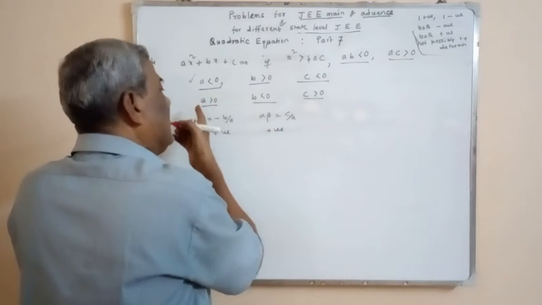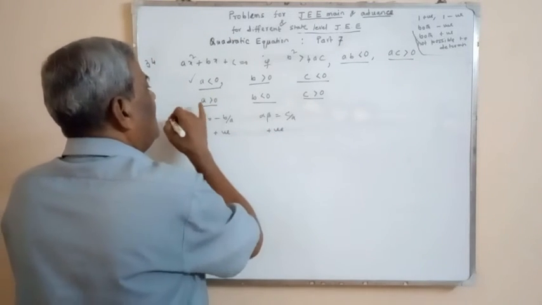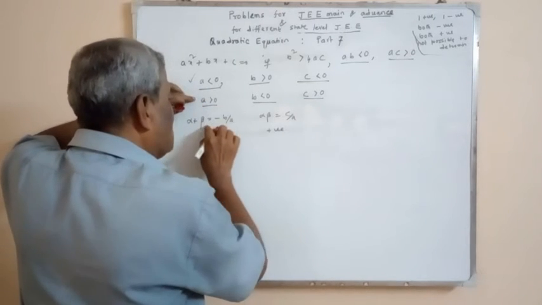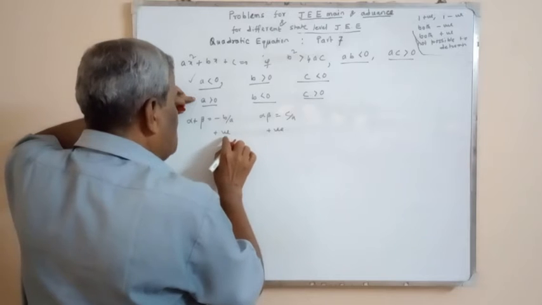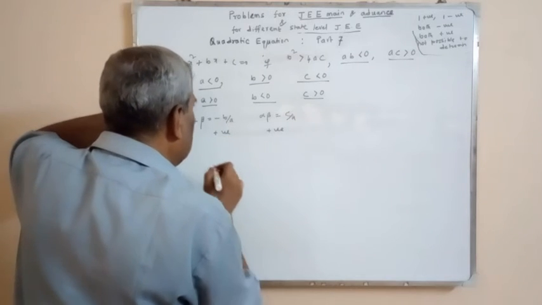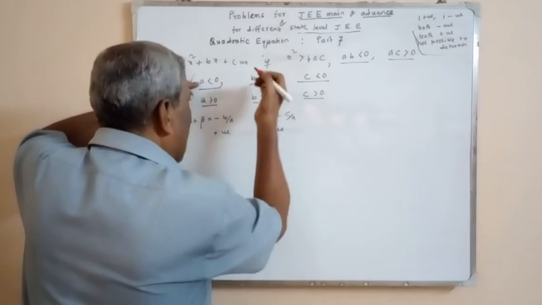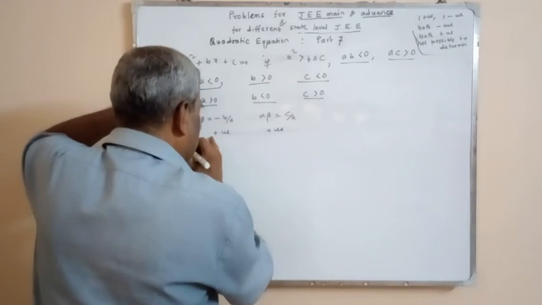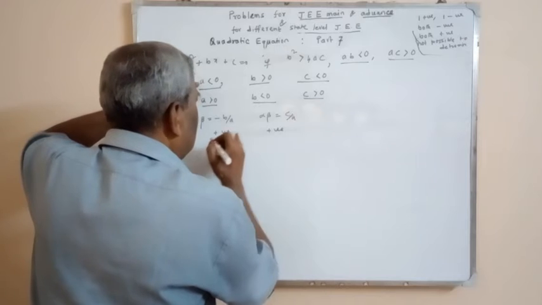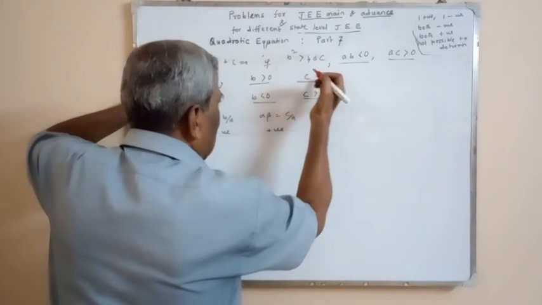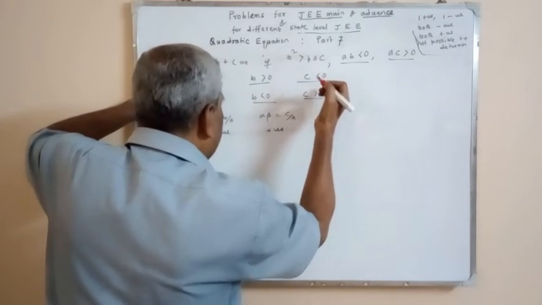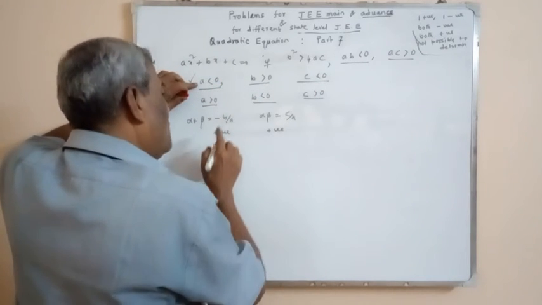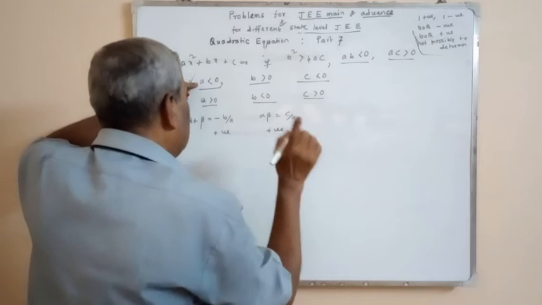Alpha plus beta is minus B by A, which is positive here, considering A negative and B positive. In that case, sum is positive. And product is C negative by A negative, product is positive. So in this case both roots are positive.